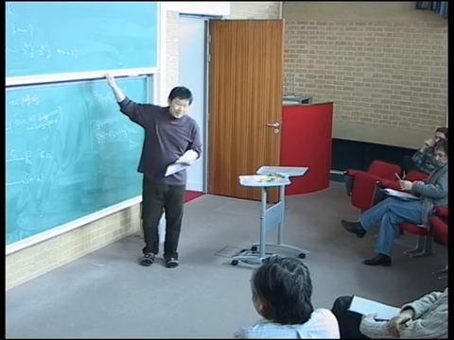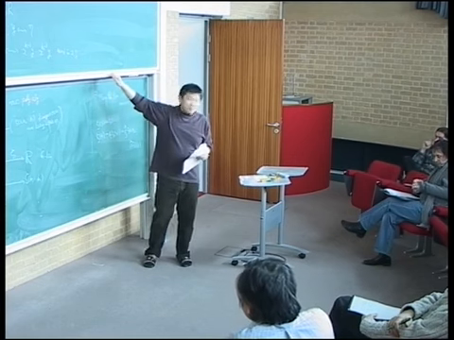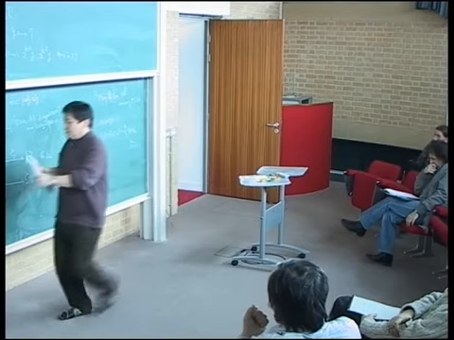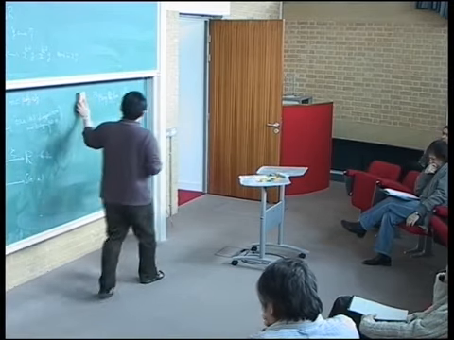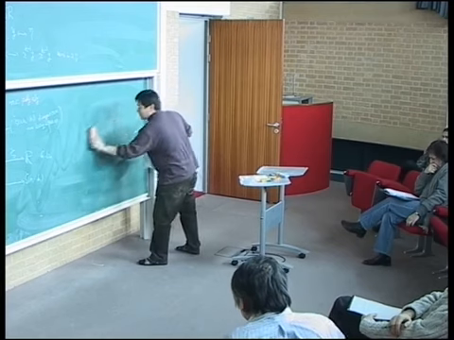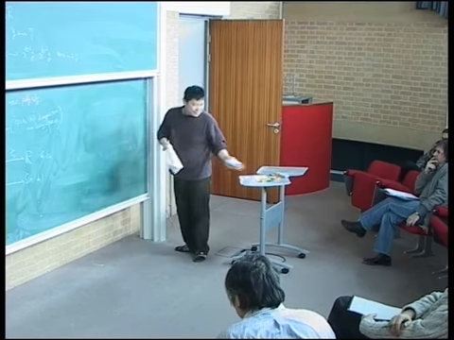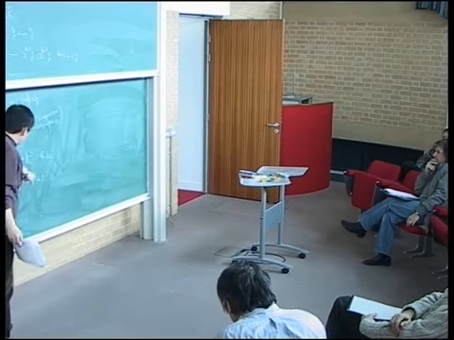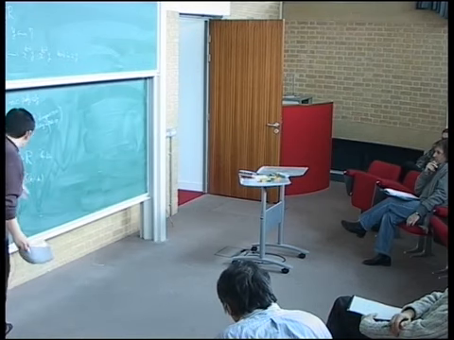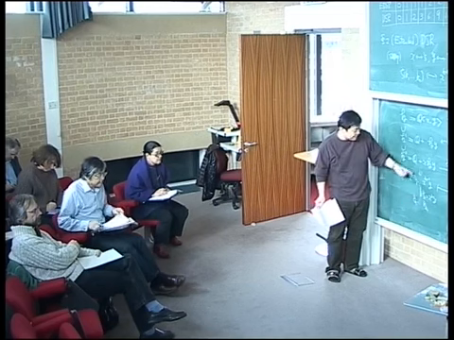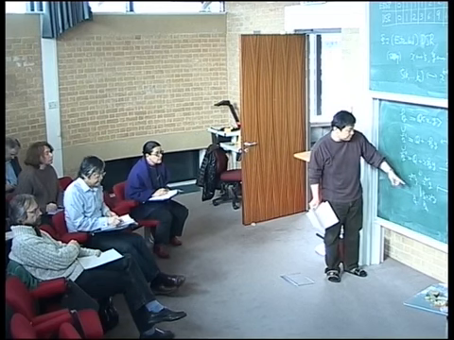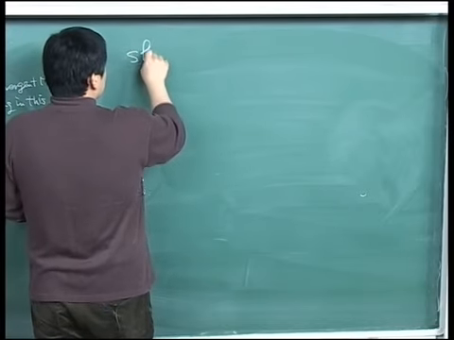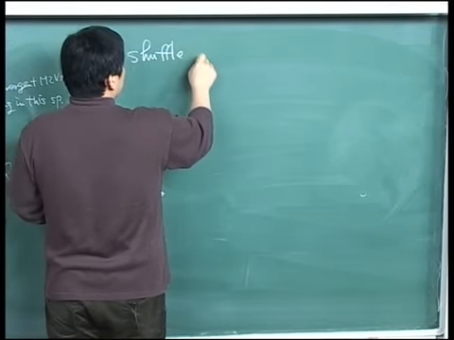So I will explain such products, the so-called shuffle product and harmonic product. The product of zeta values is a story in this space, but we lift each product to this formal space. One is the shuffle product.